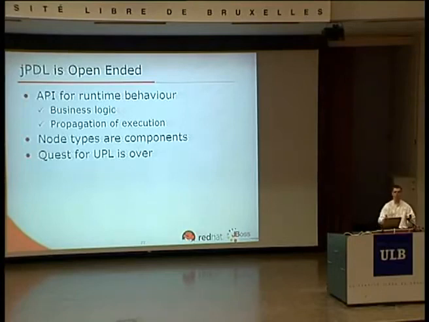You don't invoke any method and the node will behave as a wait state. Or alternatively, you can start off multiple paths of execution that run concurrently. So that's propagation of execution, and that's what there's an API for.